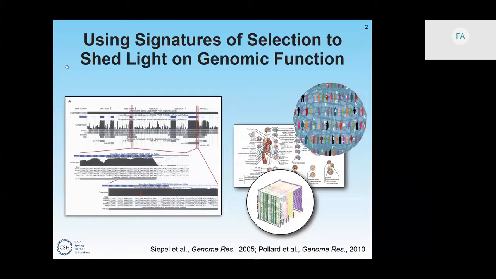But in addition, we've been thinking about how to measure natural selection on much shorter timescales, taking advantage of patterns of genetic variation within human populations. And I'm going to tell you about some methods that we've introduced over the past few years that try to take advantage of both of these properties, epigenomic data and evolution on much shorter timescales.